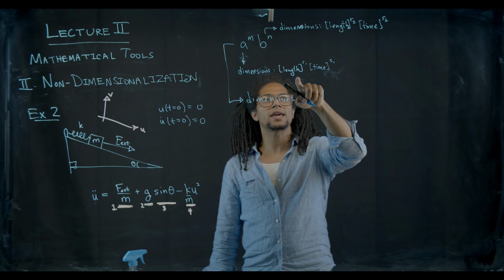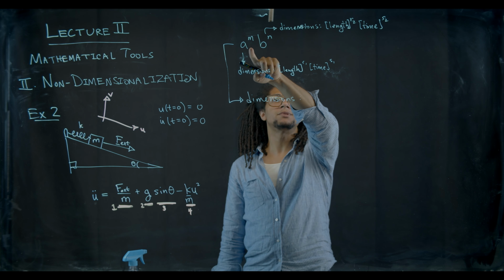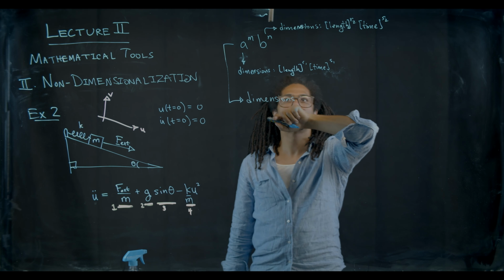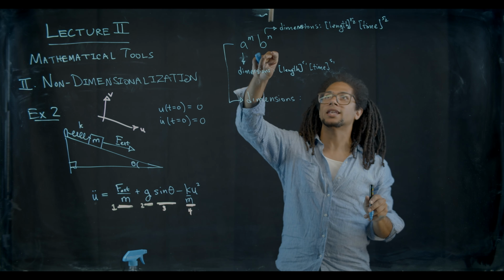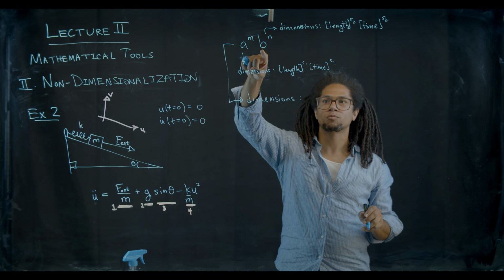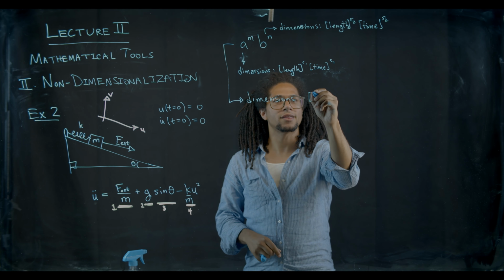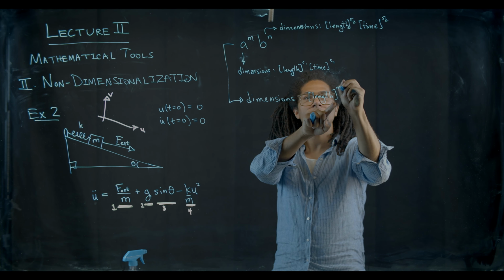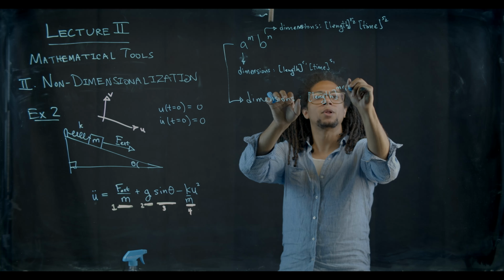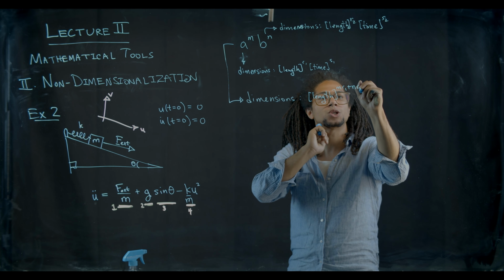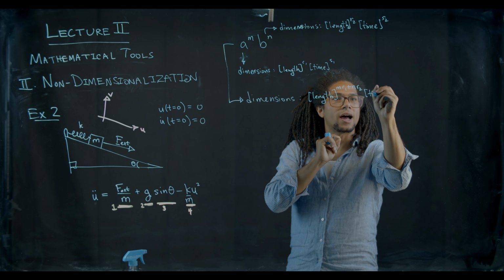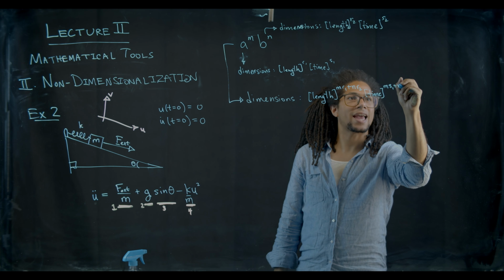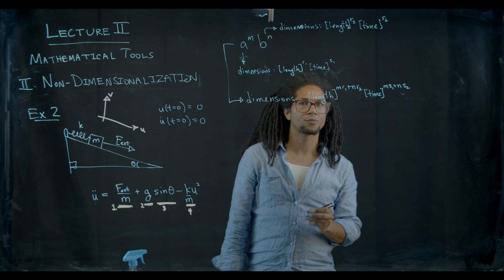So I'm going to get length to the r1 times m and time to the s1 times m from a to the m. But I'm also going to get length and time from b. So in the end, I will get length to the m times r1 plus n times r2, times time to the m s1 plus n s2.